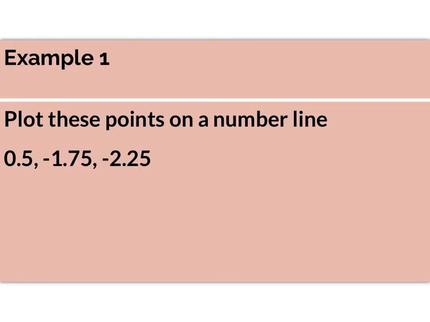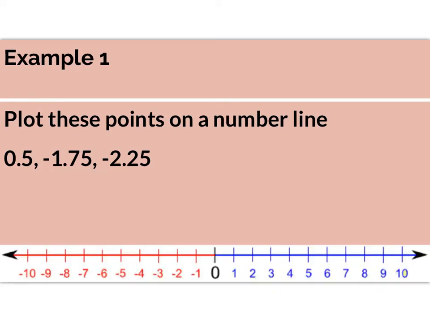Okay, so we want to put these things on a number line. So it's a good thing that all of these are decimals. So we got 0.5, negative 1.75, and negative 2.25. So if we have a number line, 0.5 is halfway between 0 and 1. This is 0.5.